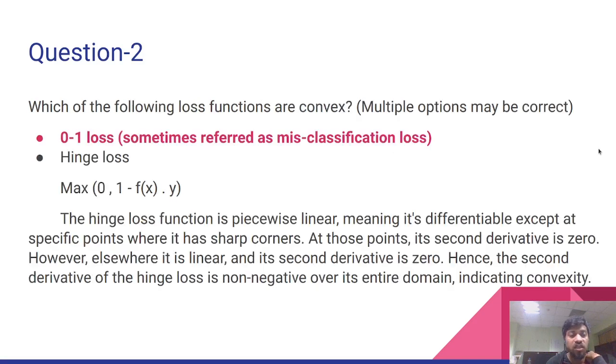So this is the first one. Second one is hinge loss. Again, this is the function maximum of 0 and 1 minus f(x) y, where y is the label and f(x) is the output. Is it convex or not convex?